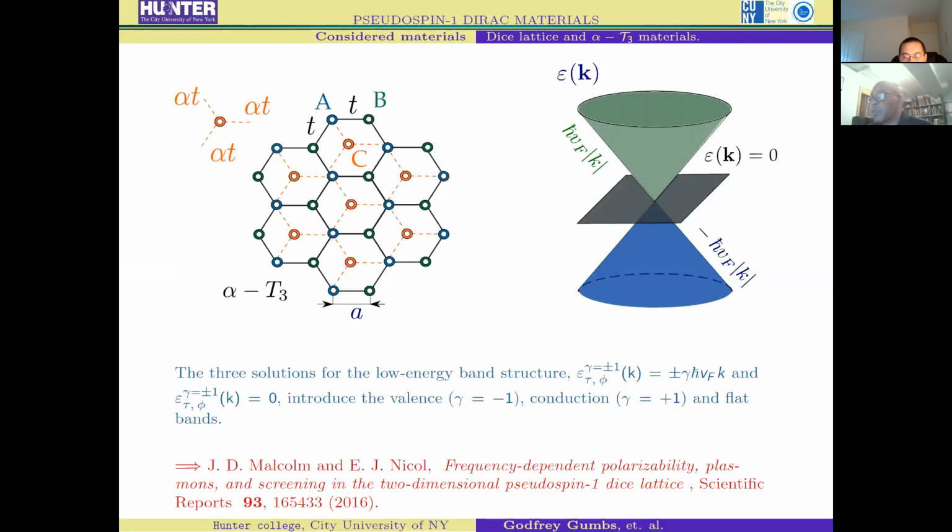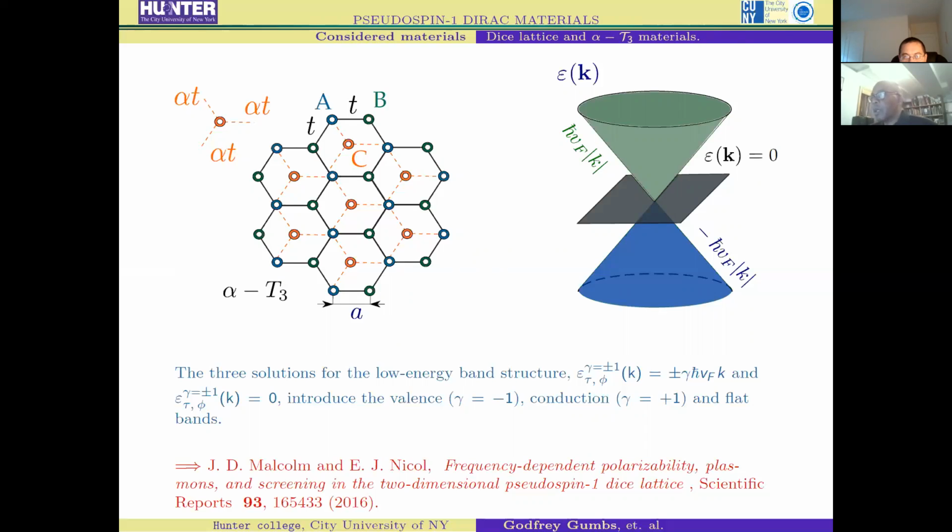Let us now turn to the alpha T3 model, where we have the A and B sublattices, as I mentioned, as occurs in graphene, as well as a third sublattice, which consists of C atoms.